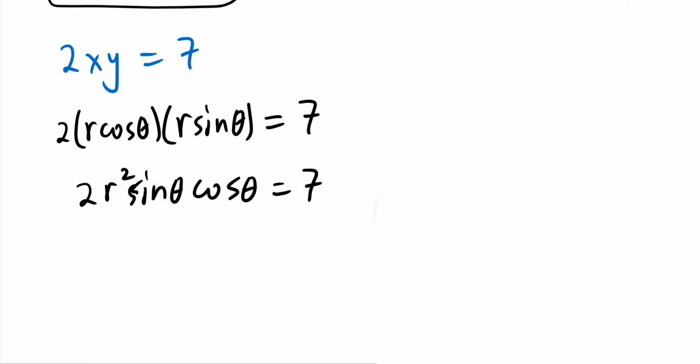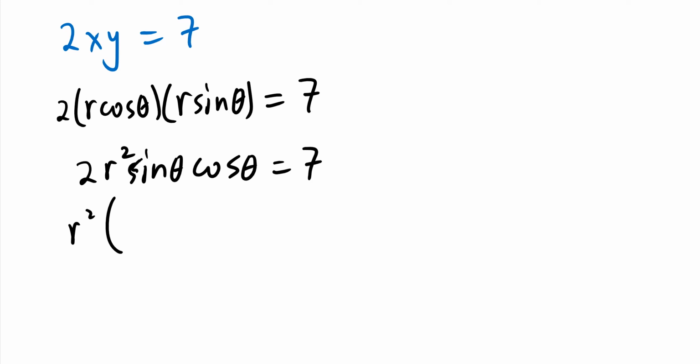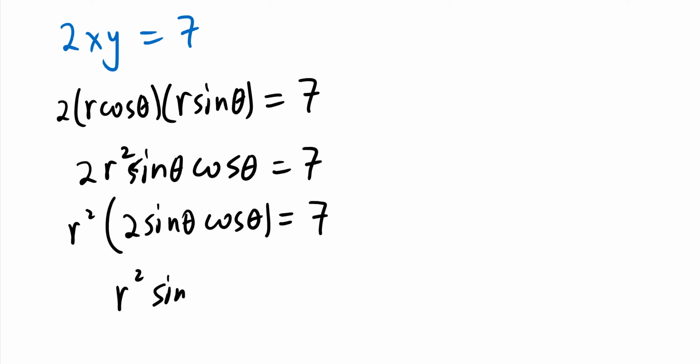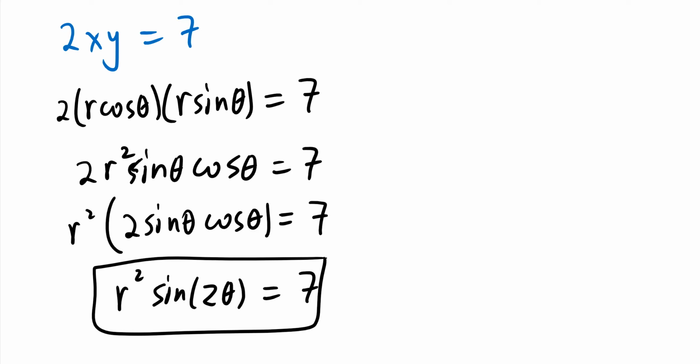You can leave it like this, or if you like, you can group the 2 sine theta cosine theta together, as you can see. And then this is sine 2 theta, double angle formula for sine. So that gives me kind of like simplified version of it.